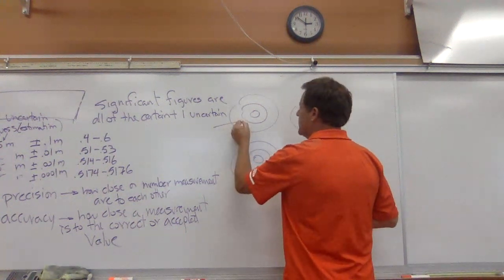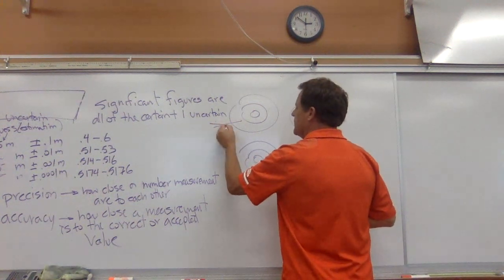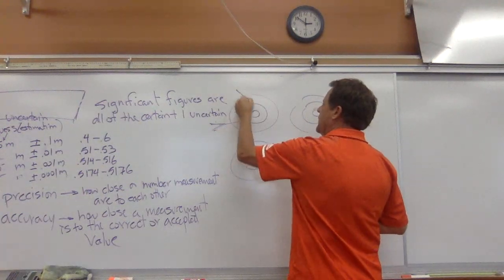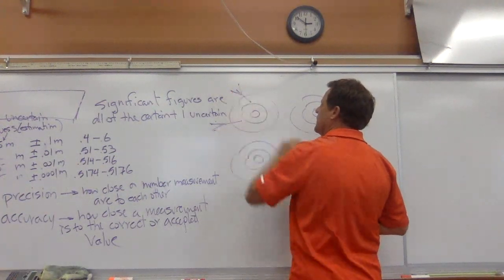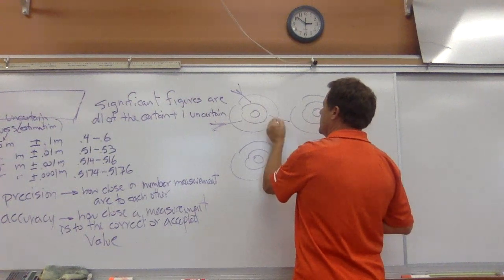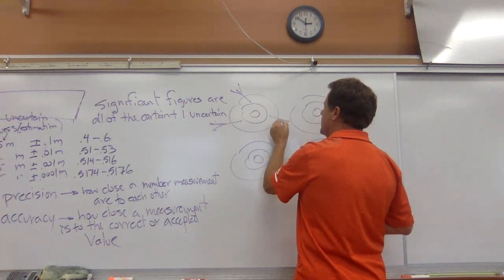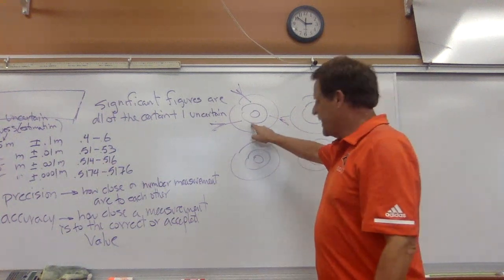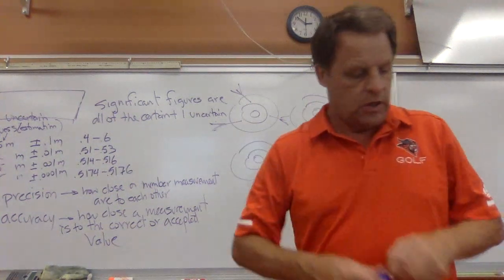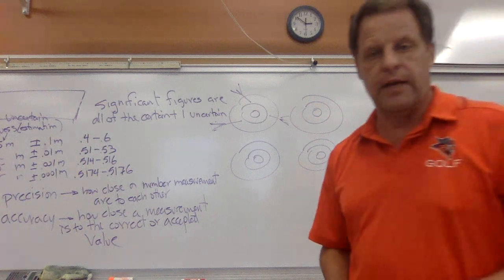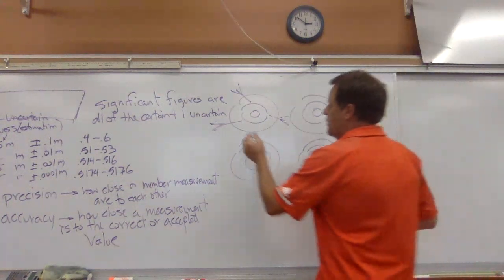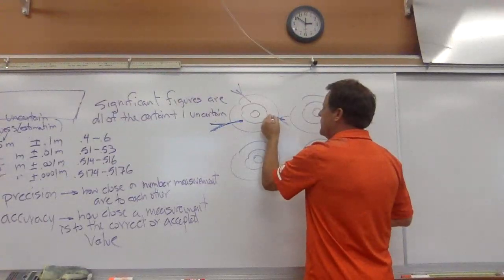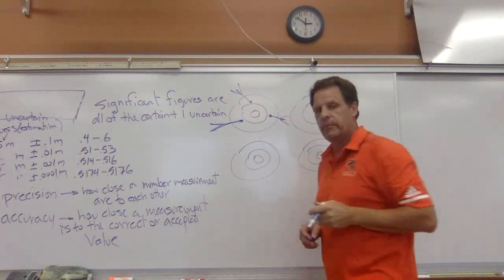And if we throw a dart that comes in, let's say right here, and a dart that comes in here, and a dart that comes in here, okay? Now, is that accurate? And how precise is that? Now, again, we end up having this spot right there, and this spot right there, and this spot right there.